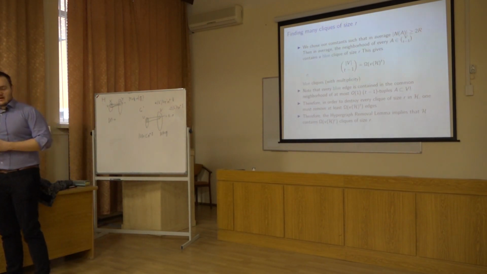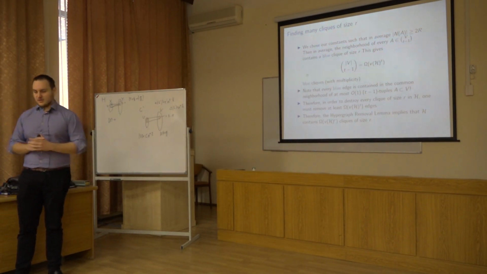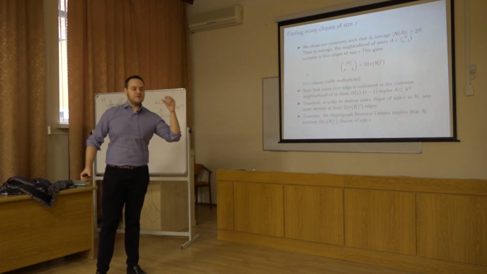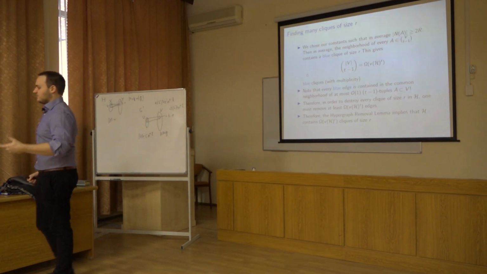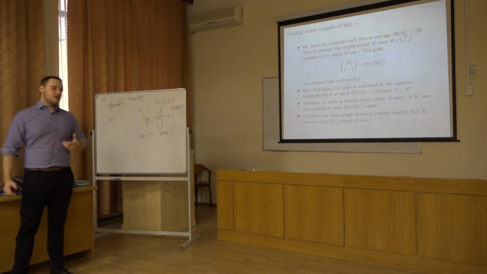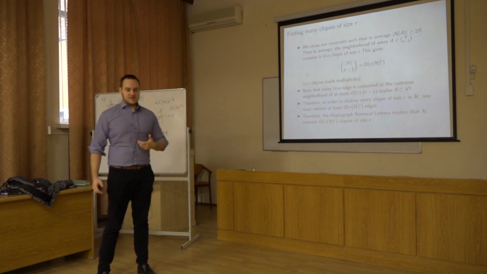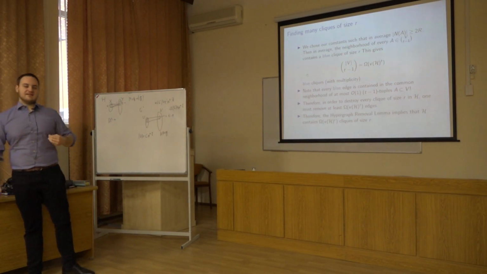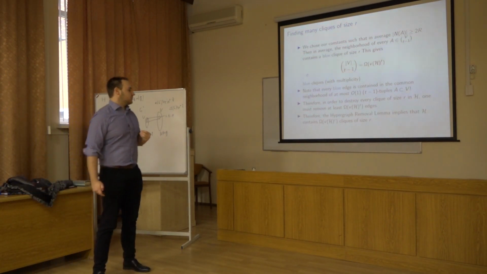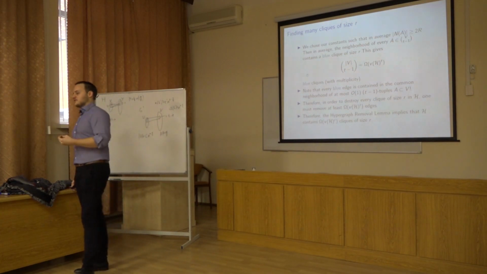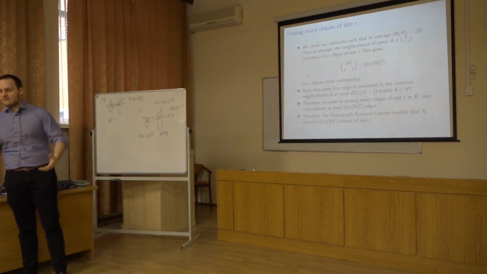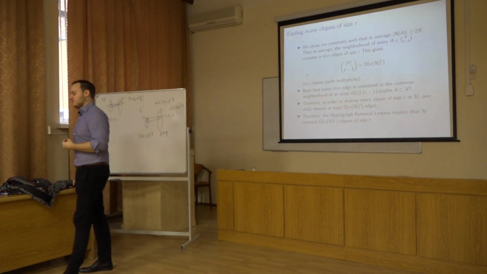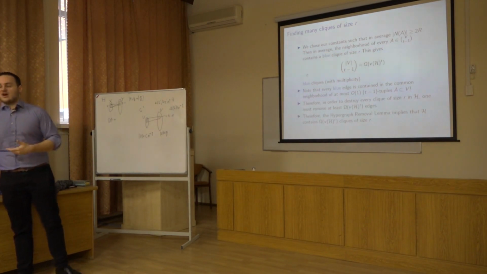Maybe this hypergraph removal lemma is not that well known, so let me say a few words. The hypergraph removal lemma tells you that if you look at a hypergraph and consider the copies of some other hypergraph in it, and you find that you have to remove at least a positive density of the hyperedges to destroy every copy of this hypergraph, then this implies that you also have a positive density of copies of your hypergraph.